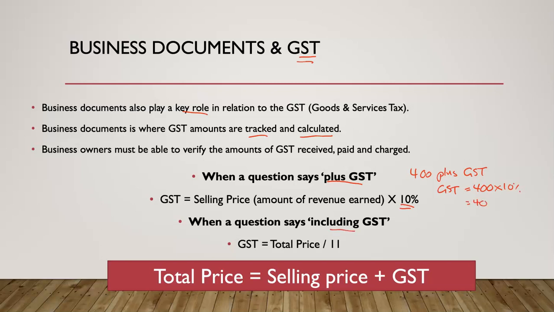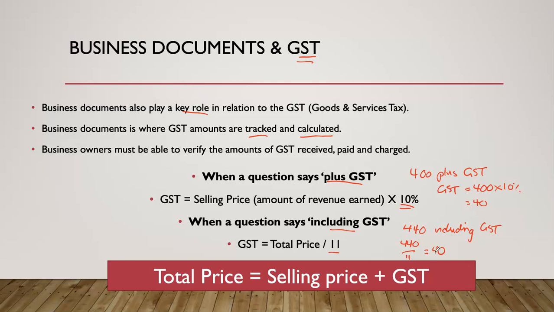When a question says including GST, we divide it by 11. So let's do a double check. If it says 440 including GST, that means we're going to go 440 divide by 11. It means our GST is 40. This is how we go through it.